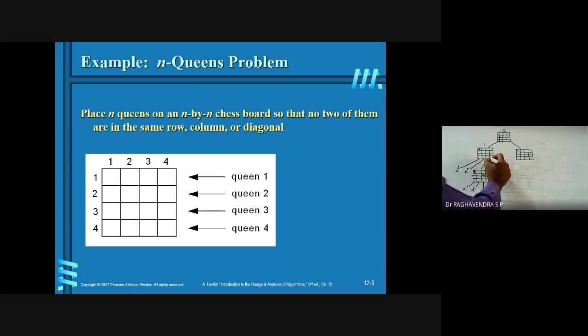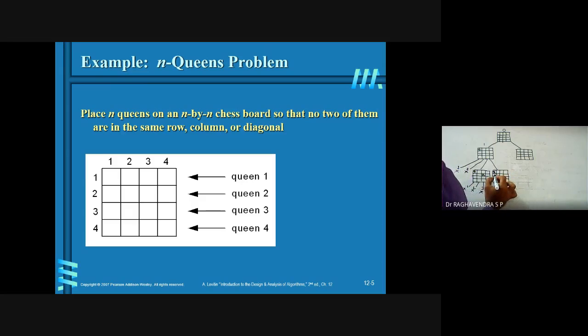So now we shall go for another alternative. Now I will check the next position once again. Q1 is here.